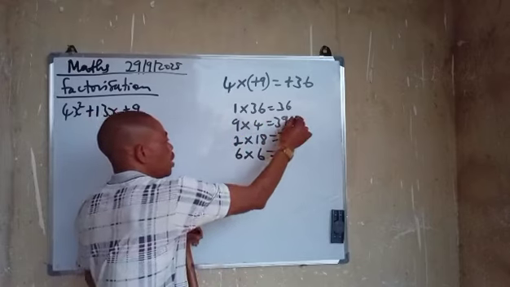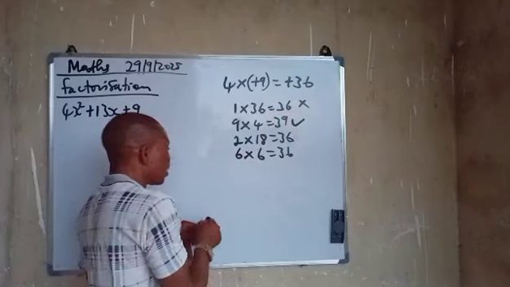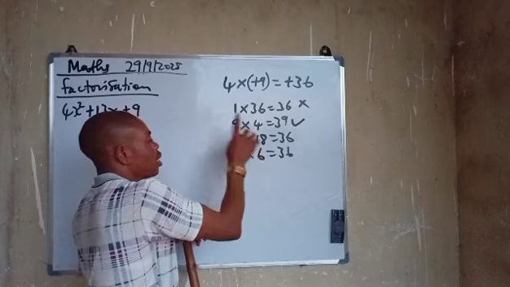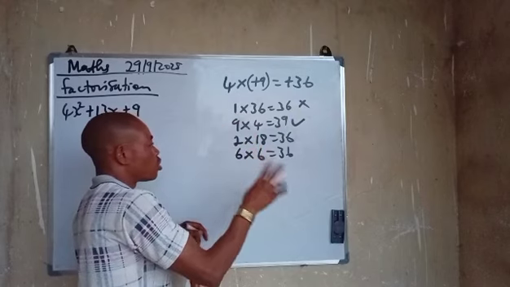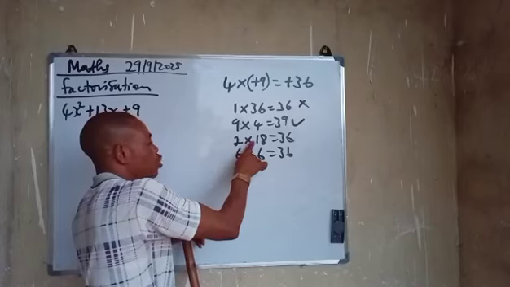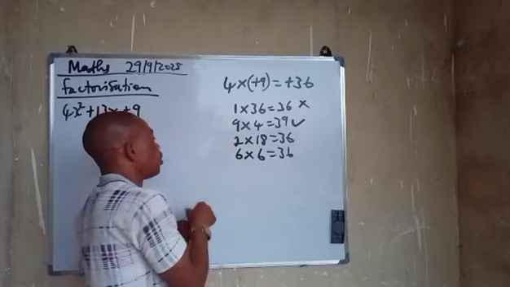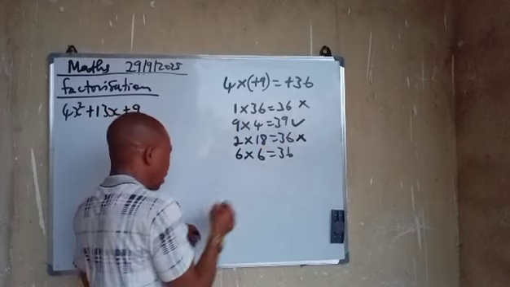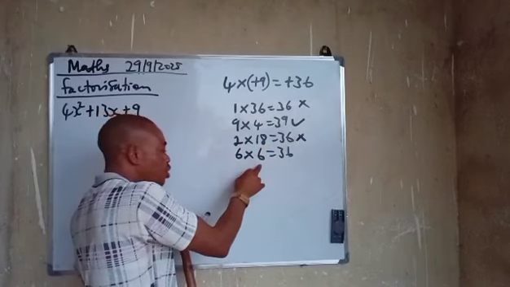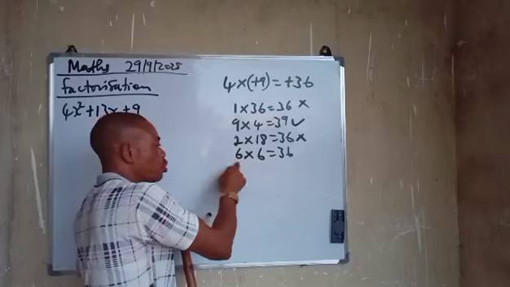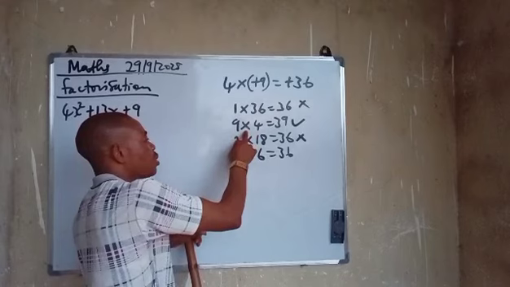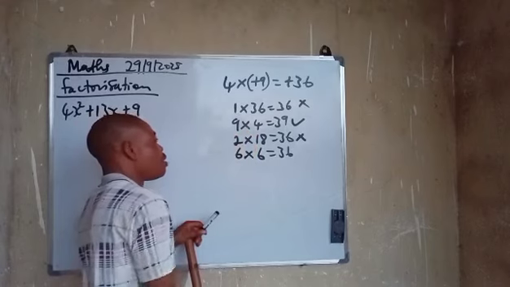Then we check 2 and 18, in addition and subtraction, it cannot give us 13. So this one is off. Then 6 and 6, in addition it will give us 12, it cannot reach 13. In subtraction, it will give us 0. So the one that will serve our demand is 9 and 4.